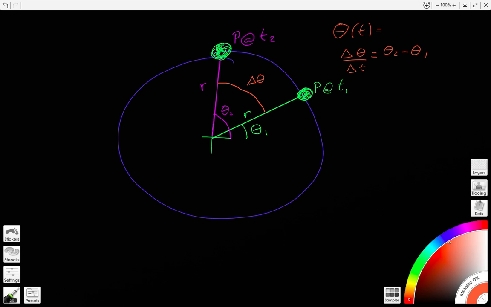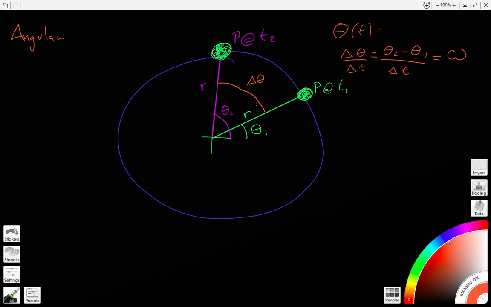I moved this angle in a given point in time. So this is the concept of angular velocity: how much angle I am moving in a given time. This is why it's called angular, because what I'm measuring is angles.